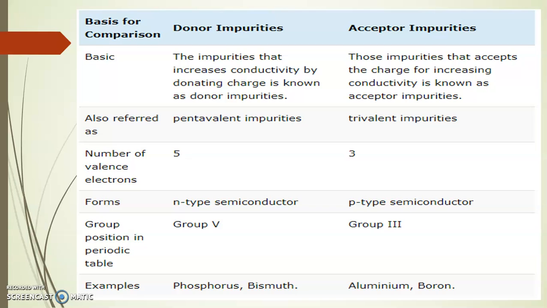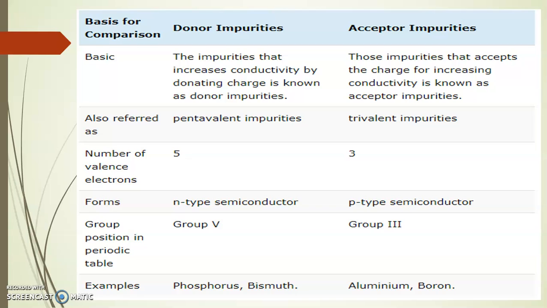The group position in the periodic table of donor impurities is group number 5, and of acceptor impurities is group number 3. Examples of donor impurities are phosphorus and bismuth, and examples of acceptor impurities are aluminium and boron.